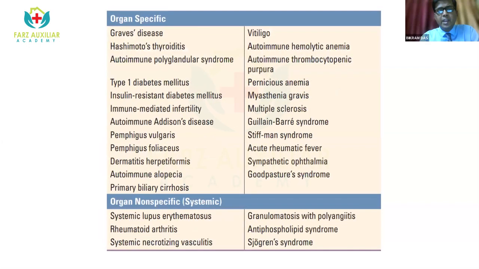The disease, when it happens, could be organ specific or non-specific. Organ specific disease I have already discussed. It can affect the pancreas and cause diabetes. It can affect the thyroid and cause Hashimoto thyroiditis or Graves disease, or it can involve neurological tissues, causing multiple sclerosis and pulmonary syndrome.